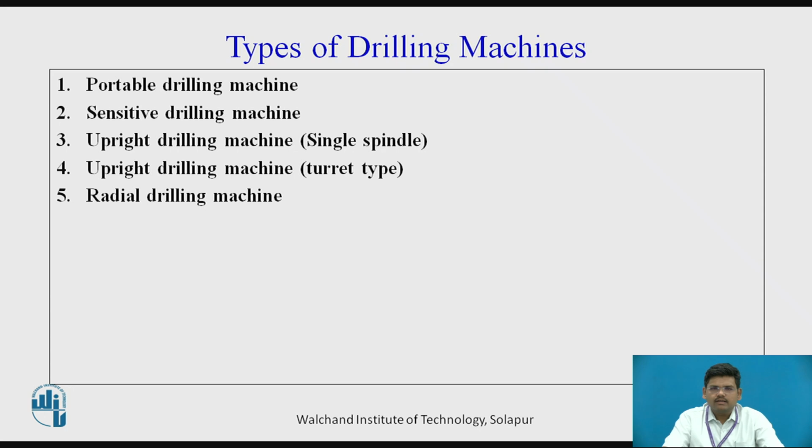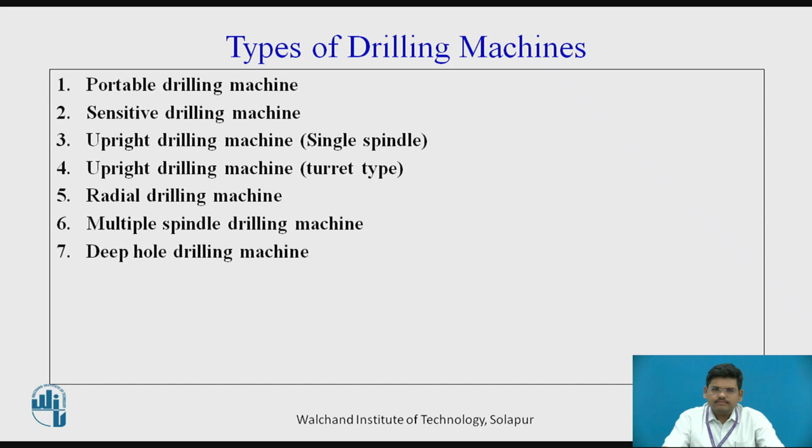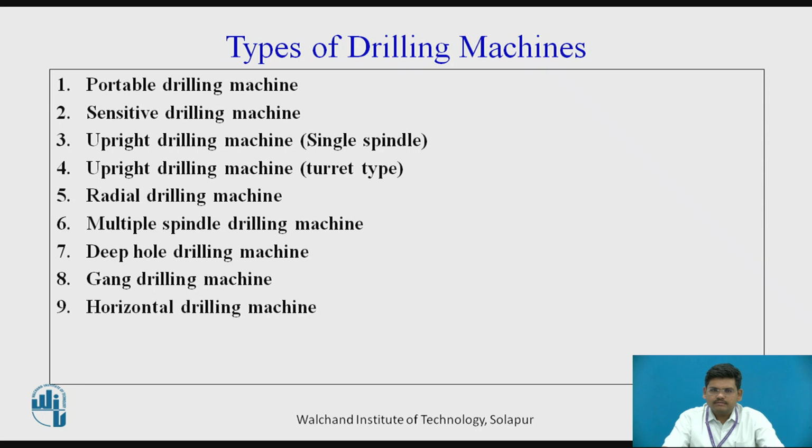Then we have the radial drilling machine, multiple spindle drilling machine, deep hole drilling machine, gang drilling machine, horizontal drilling machine, and automatic drilling machine. So these are the types of drilling machines that are available for any production work.